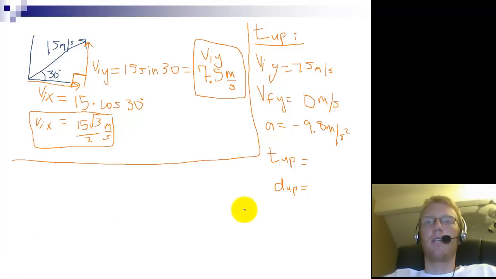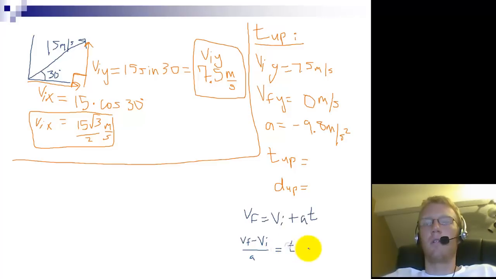You can use v final equals v initial plus acceleration times time. It's a starting formula that includes v initial, v final, a, and t. Solve for t, and you get t equals v final minus v initial divided by acceleration.